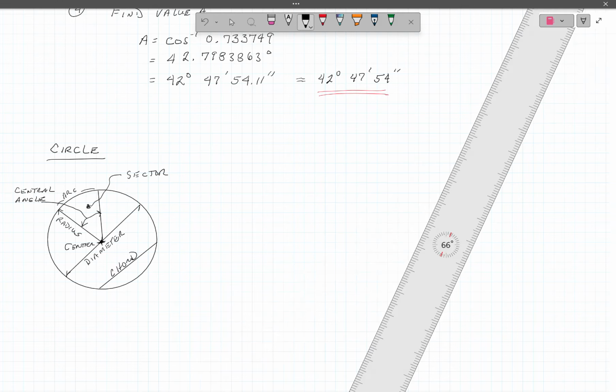And then all the way around the outside of this thing is our circumference. Those are the basic shapes of this.